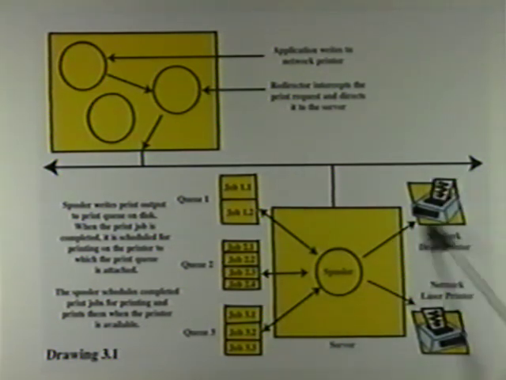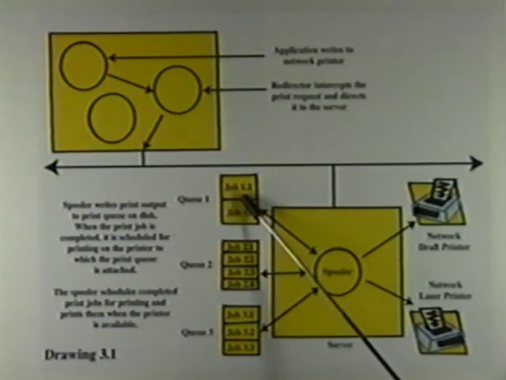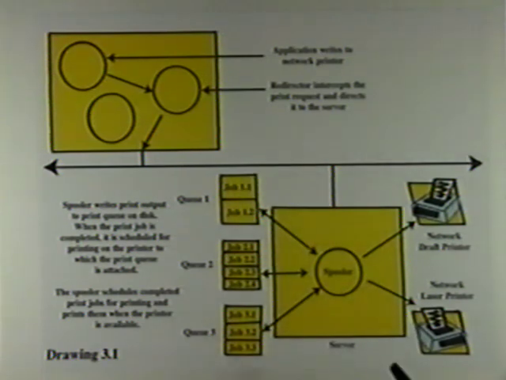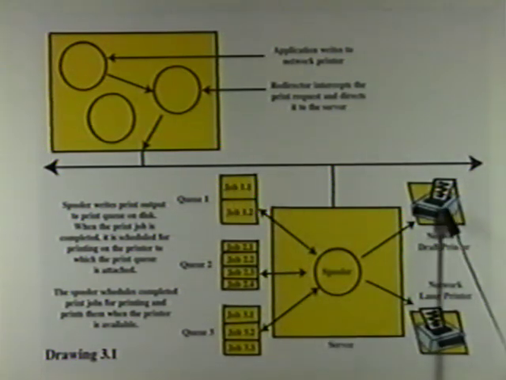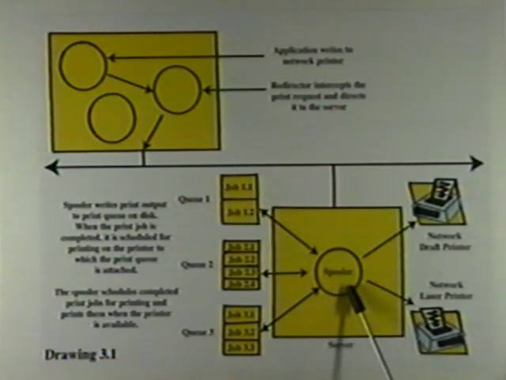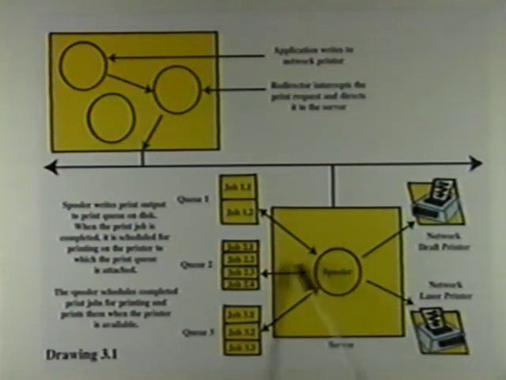As soon as the draft printer is complete, it's going to look at the next job in the queue that corresponds to the draft printer, and begin printing that job. Now, if another print request comes over the network, the spooler is going to take that print request and the information for the job, write it to memory, and put it in one of these queues.